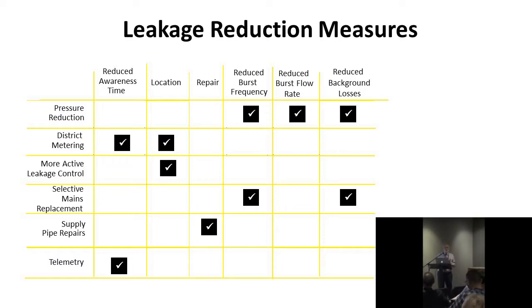We haven't really used the term very much. The concept of background leakage is that there are very, very minor leaks out there below the level of detection. By definition, therefore, you can't find them, you can't repair them, you're not going to reduce the leakage. The only way of reducing them is by pressure reduction.